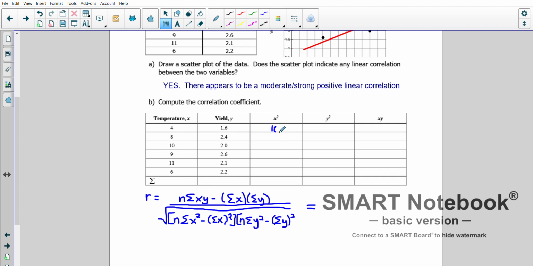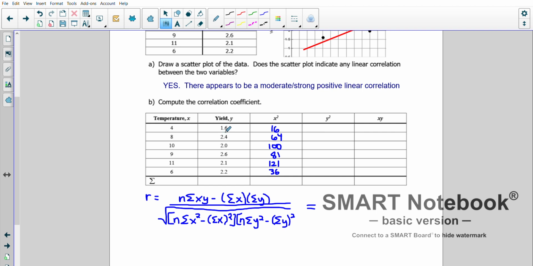So 4 squared, 8 squared, 10 squared, 9 squared, 11 squared, and 6 squared. So there you go. So you squared all the x values.